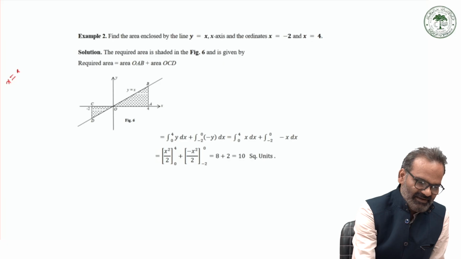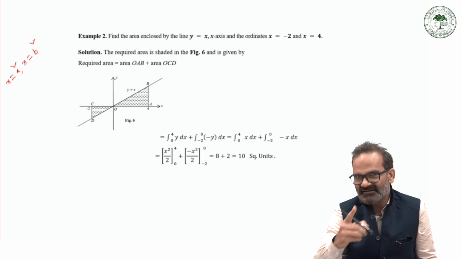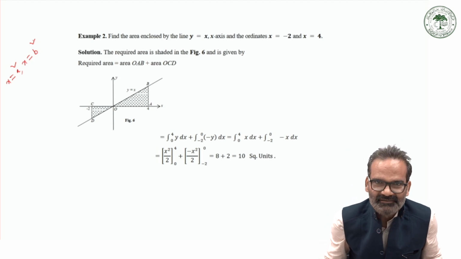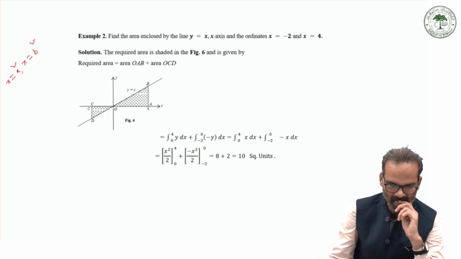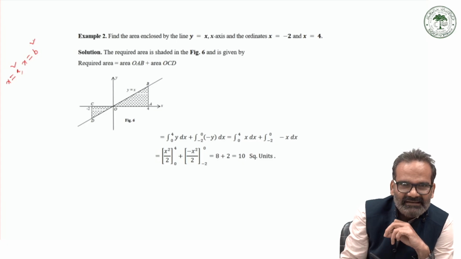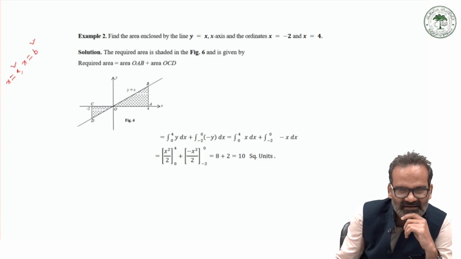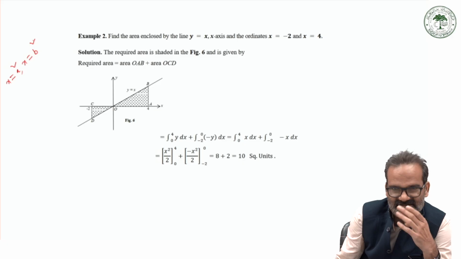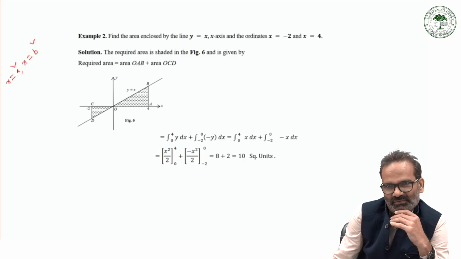X equals a and x equals b, this a and b both were positive. But here, one ordinate is negative, right? So find the area enclosed by the line y equals x, the x-axis, and the ordinates x equals minus 2 and x equals 4.